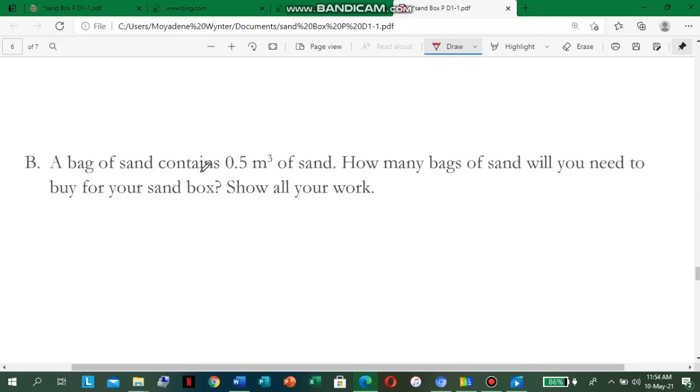So let us find out now. This is 12 cubic meters divided by 0.5 cubic meter.